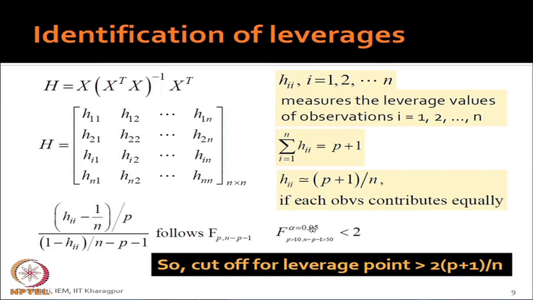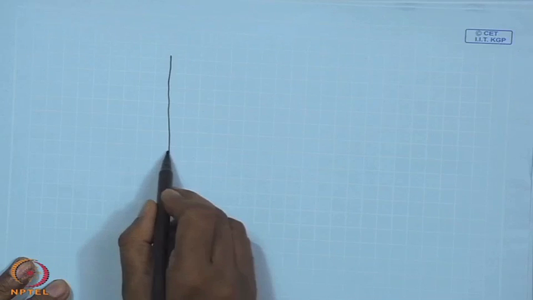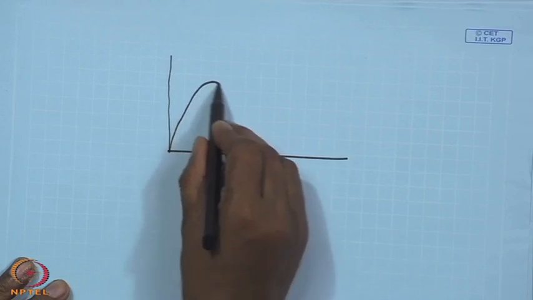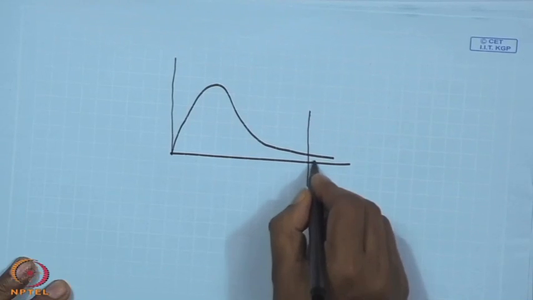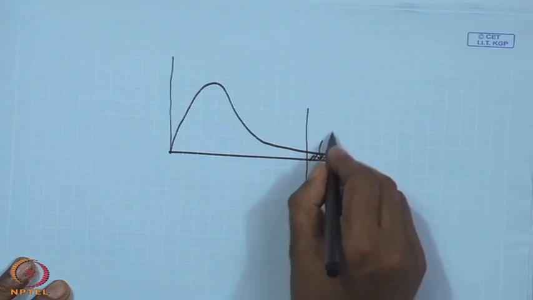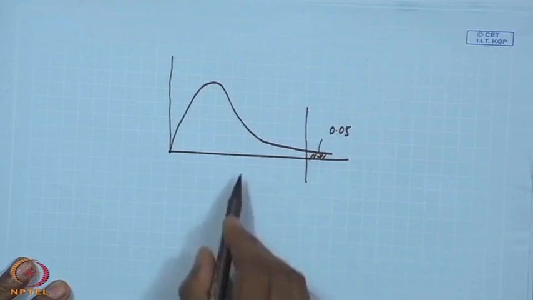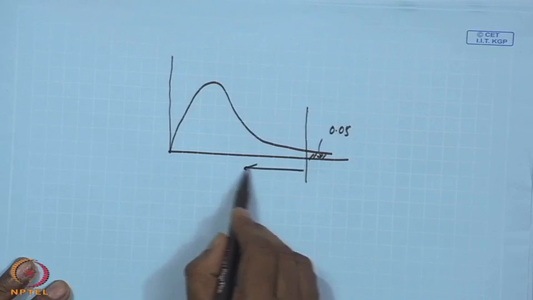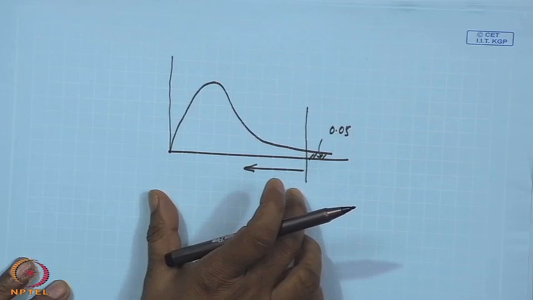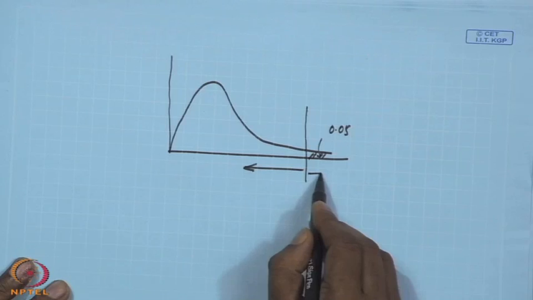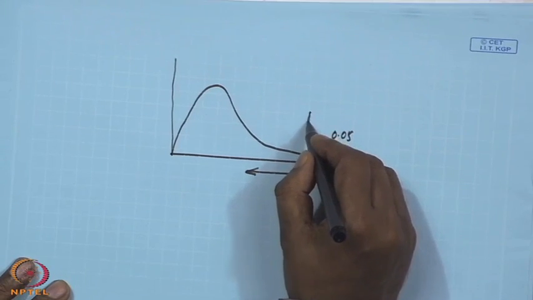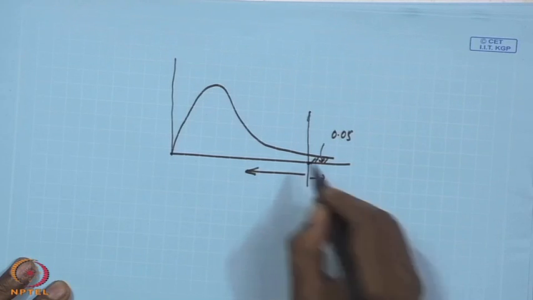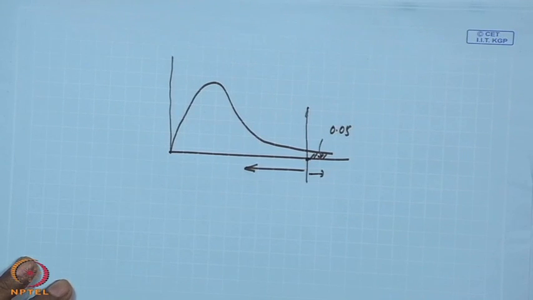So, what do we mean by this? When we say whether an observation is influential or not, you are considering a distribution and this region, that is 0.05. So long as it is within this side, it is not influential. When it goes to this side, it is an influential observation. So, we want to find out the Hii value for this point.